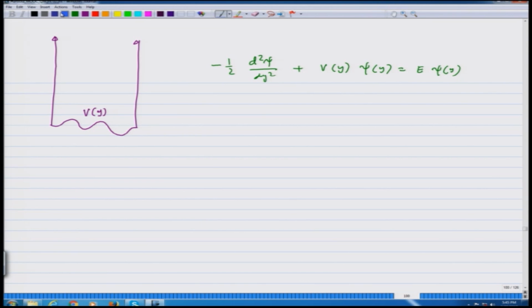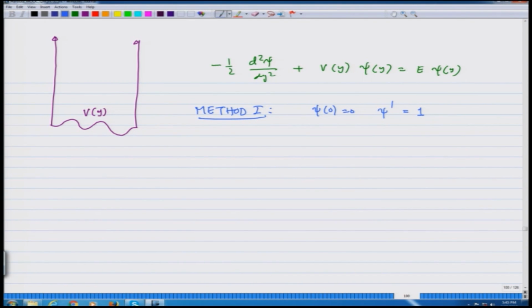Method 1 is going to be, remember what we did, we start with psi(0) equals 0, take psi prime equals some number, let us take it to be 1 and then integrate.